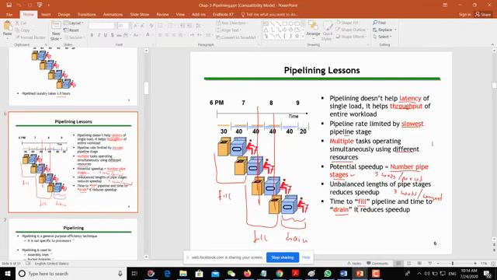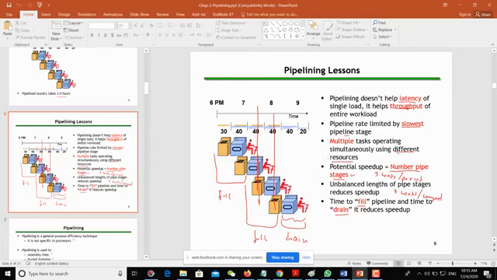Pipeline rate is limited by the slowest pipeline stage. It depends on the stage and your arrangement. The more efficient your pipelining is, the quicker it is, and the poorer your pipeline stages are, the slower it is.